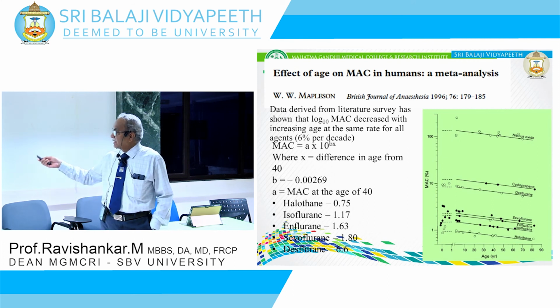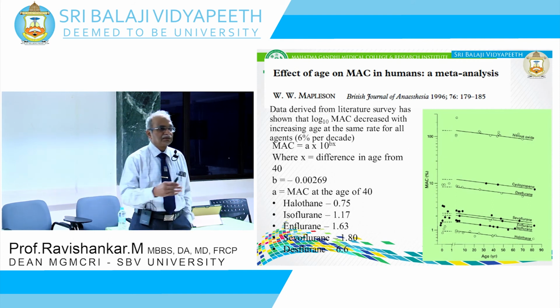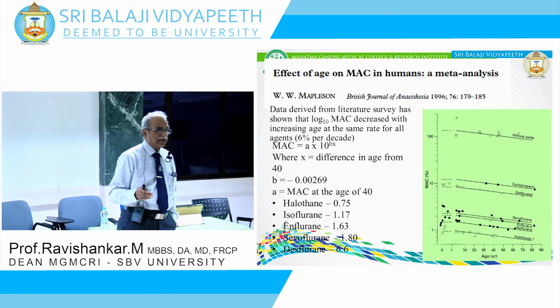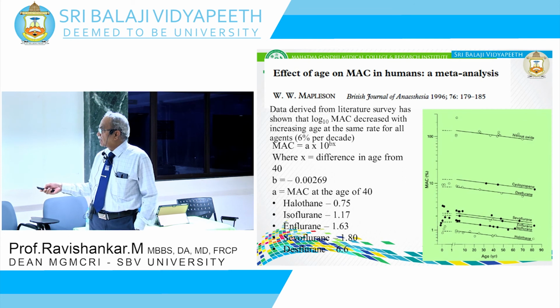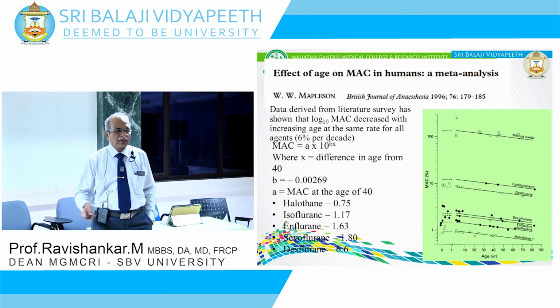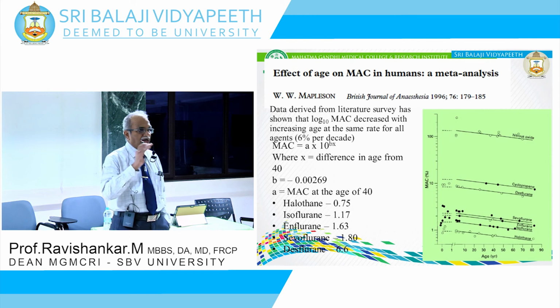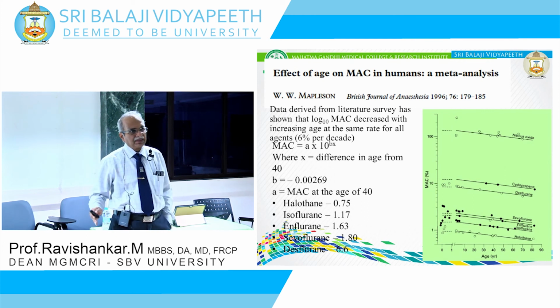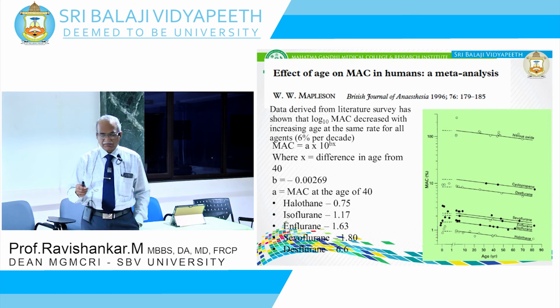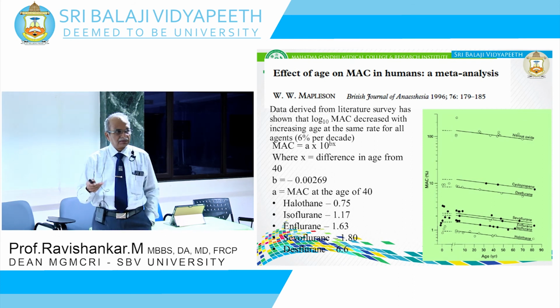So Mapleson in 1996 did a meta-analysis of all the studies and came to a conclusion that there is a linear correlation for the log 10 of the MAC. If you compute the log 10 of the requirement, there is a linear correlation and there is a reduction in the MAC as the age advances.